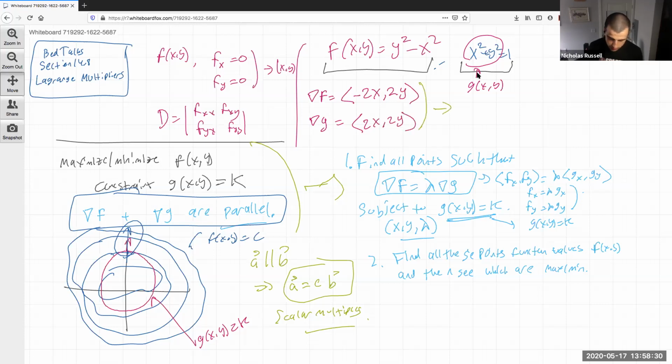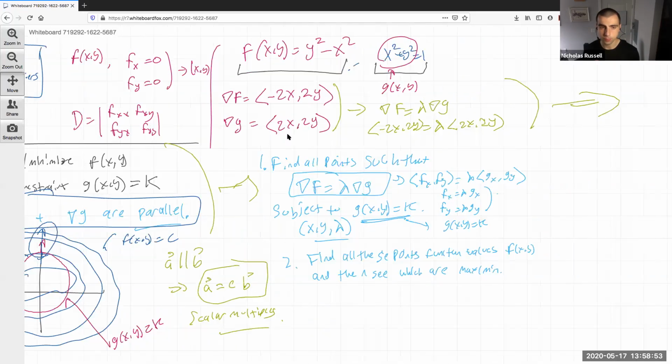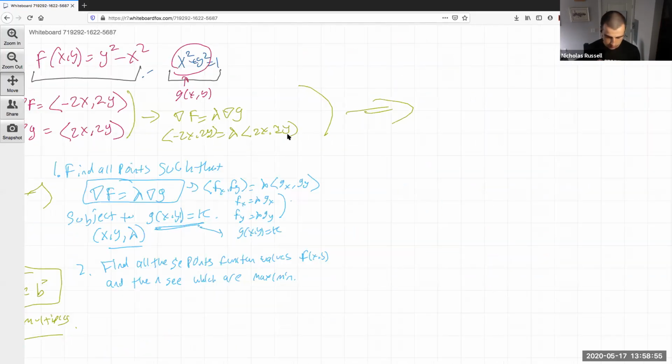And now I want to find all of the points such that this occurs with some lambda. In this case, negative 2x, 2y is equal to lambda times 2x and 2y. If I do this, I'm going to have a system of equations.